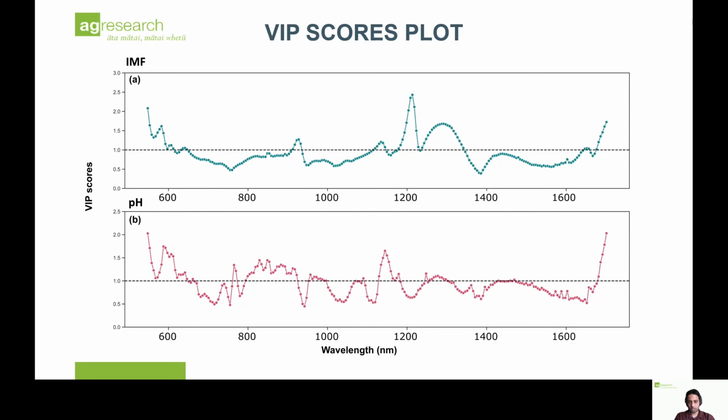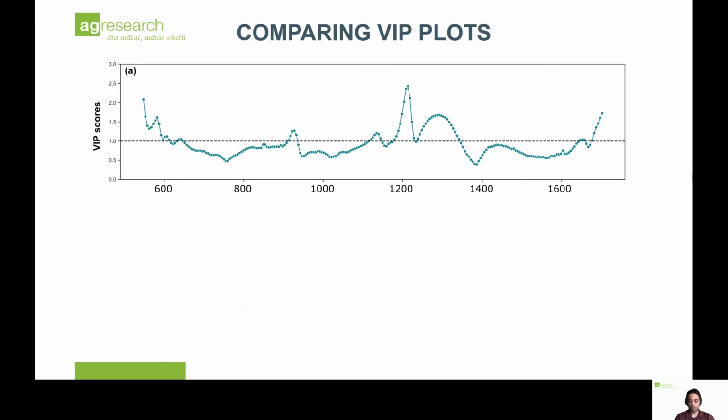So from both these plots, you can see that the models were able to capture the fundamental properties or fundamental bands related to IMF and pH, illustrating the global nature of these models. In order to further investigate, we compared the VIP plot for IMF to one of our previous studies.